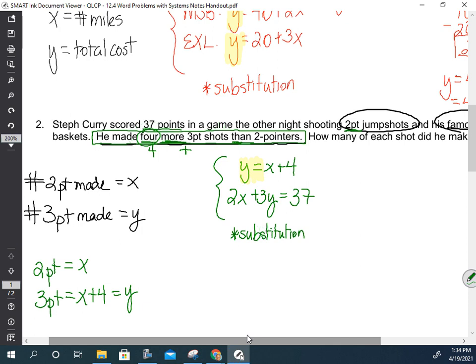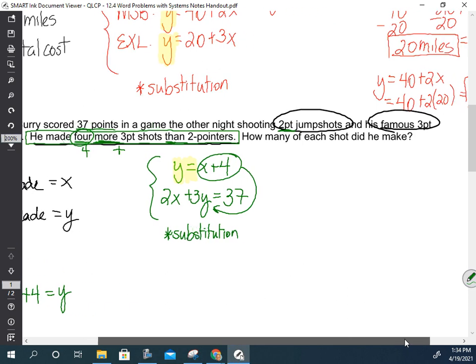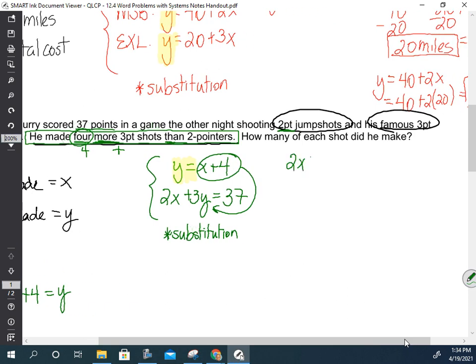So, let's go ahead and solve it. So substitution, we're plugging one into the other. So we're going to take x plus 4, plug it in for y. 2x plus 3 times x plus 4 equals 37.